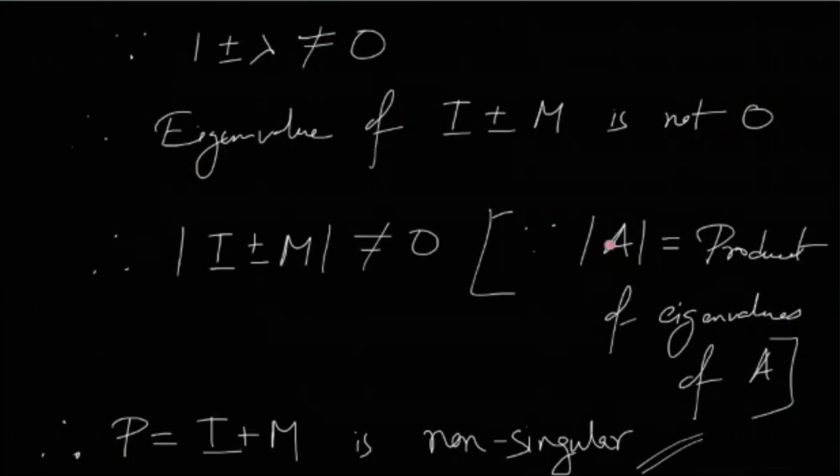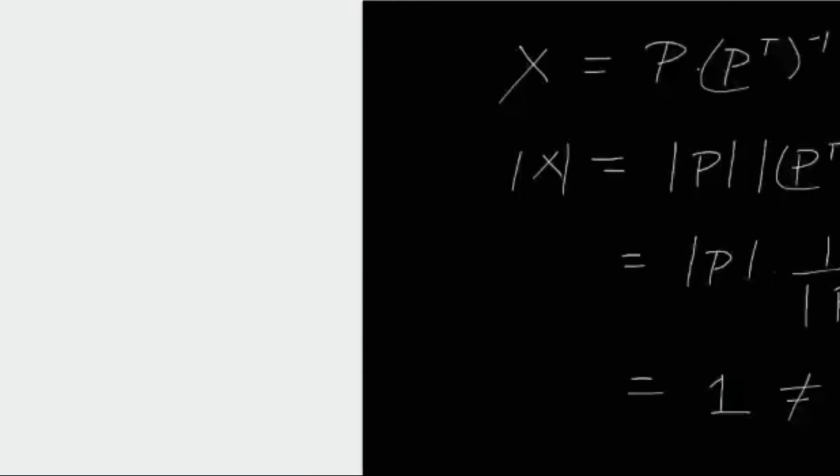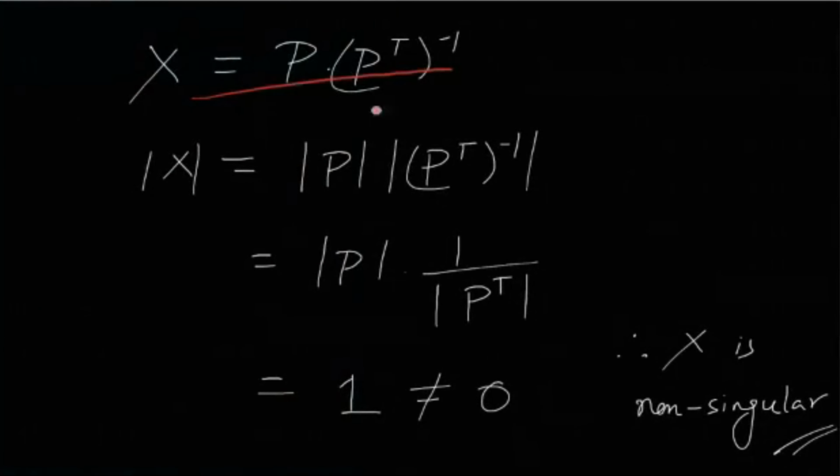And since the determinant of a matrix is the product of its eigenvalues, the determinant of I plus or minus M is non-zero. Therefore P, being I minus M, is non-singular, because the determinant is non-zero. Now why do we need this? X is P into P transpose inverse, therefore the determinant of X is det P into det of P transpose inverse, which is det P into 1 by det P transpose.